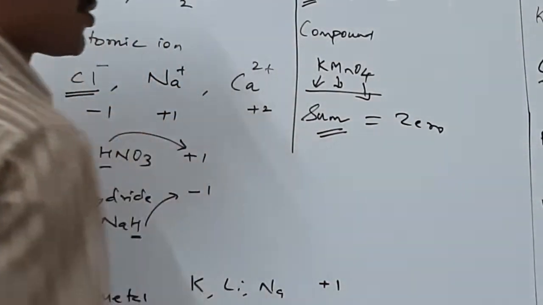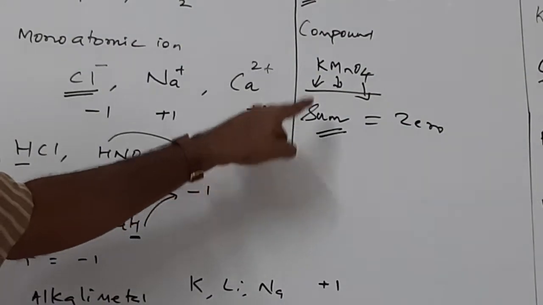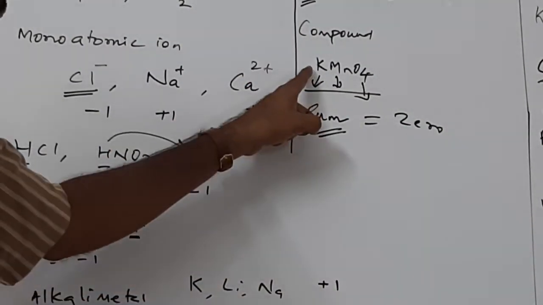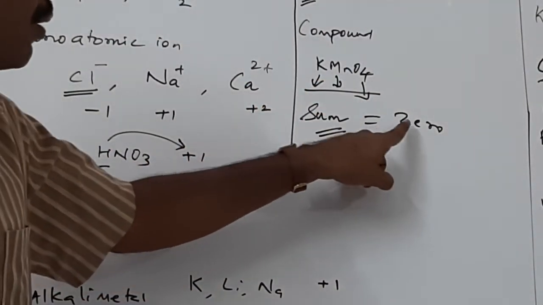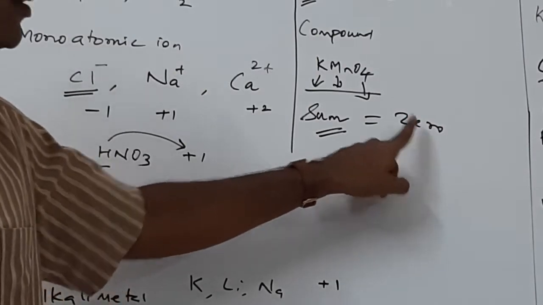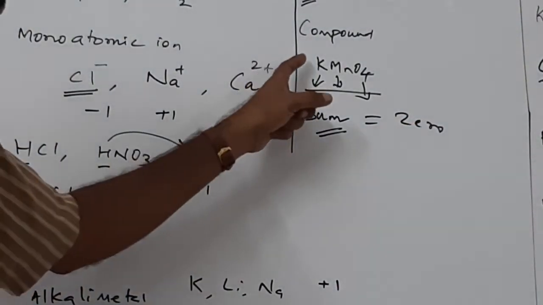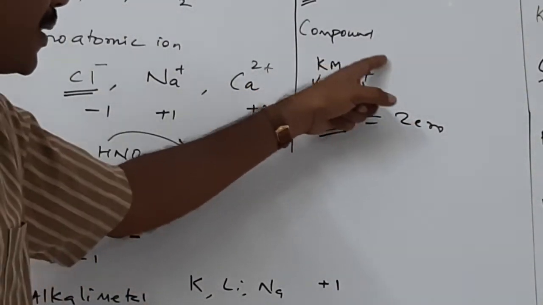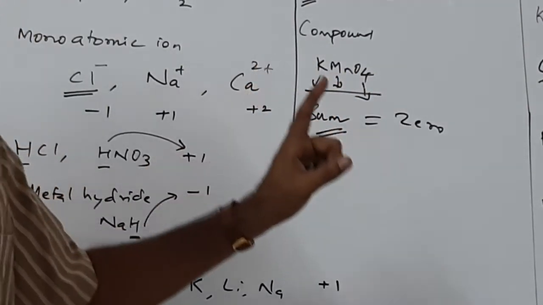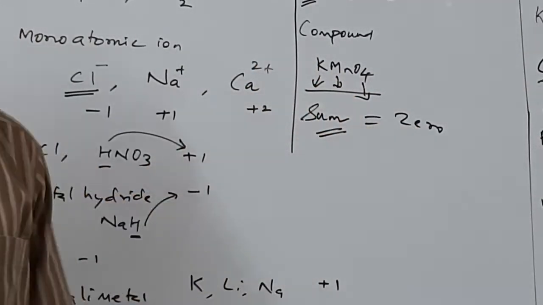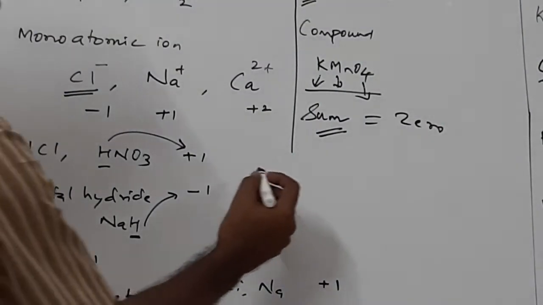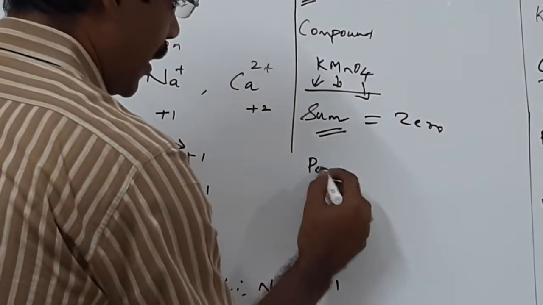So the sum of the oxidation numbers of the elements in a compound is always equal to 0. Let me repeat again, in the case of a compound, the algebraic sum of the oxidation numbers of the elements is always equal to 0. Now next one, let us consider a polyatomic ion.